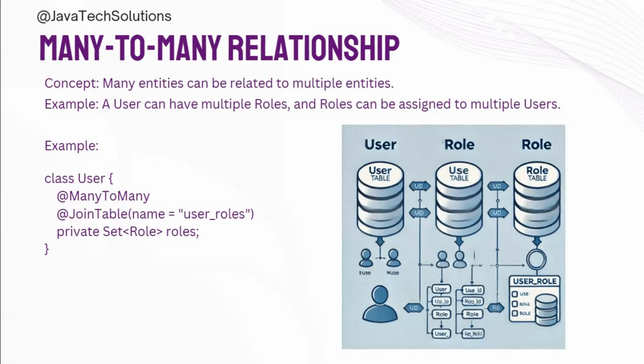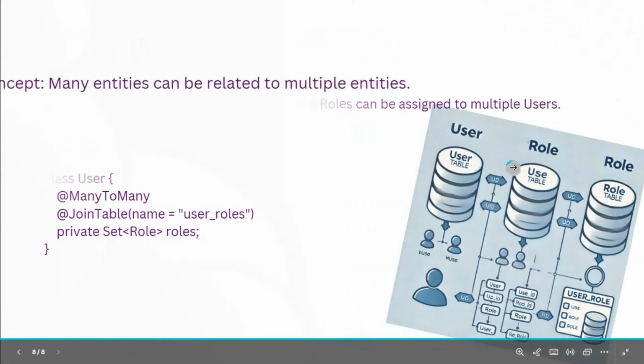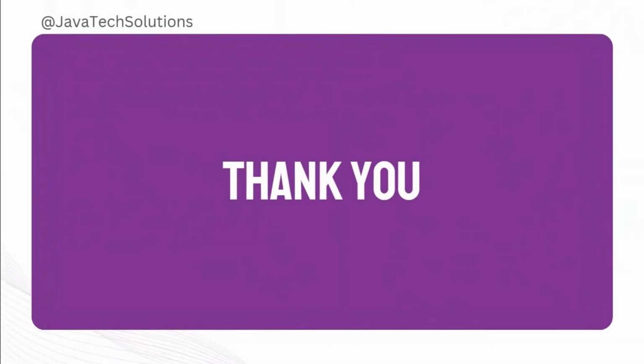To represent complex relationships, like easily modeling real-world many-to-many associations. It's efficient for querying, reducing redundant data duplication. It's flexible and scalable. Easily add more relationships over here, right? So this is all about this one.